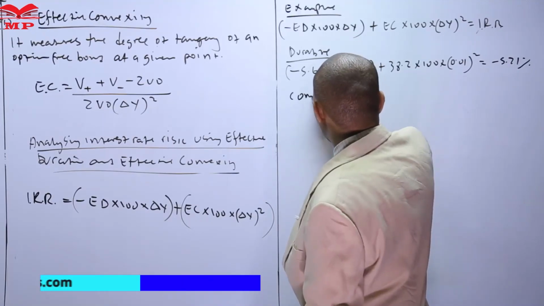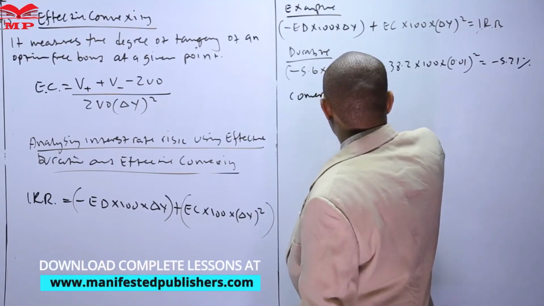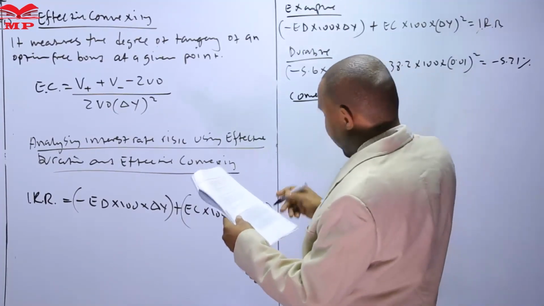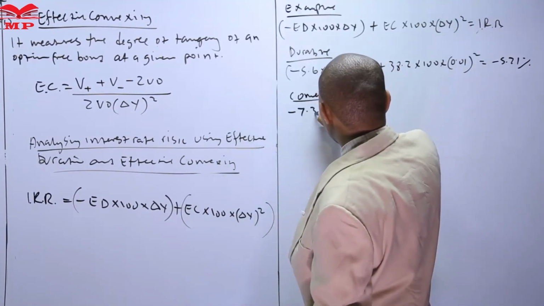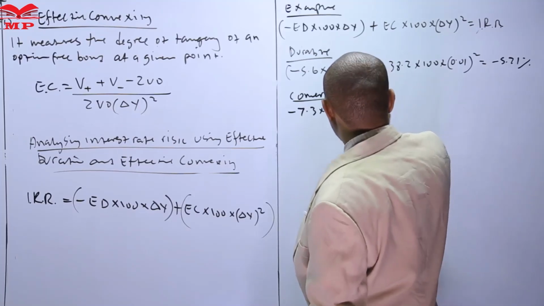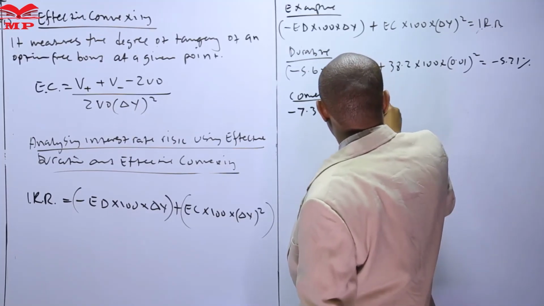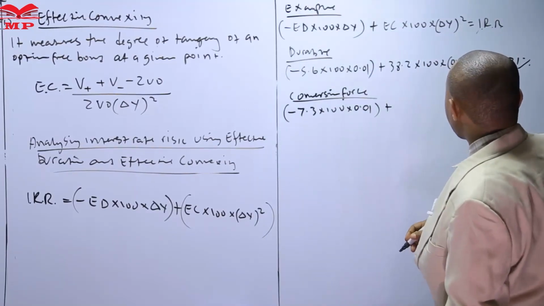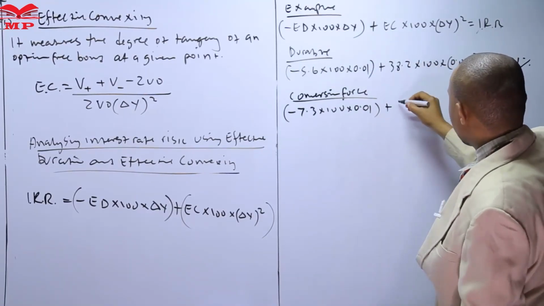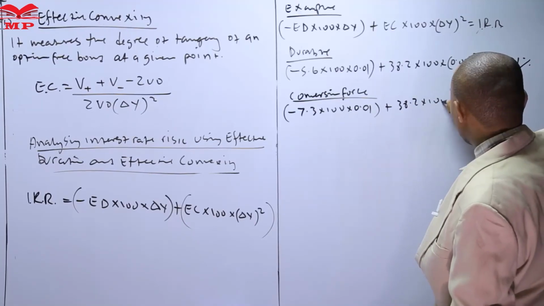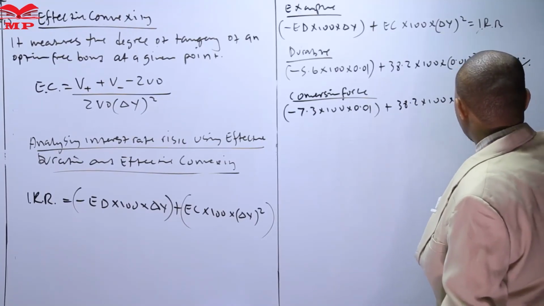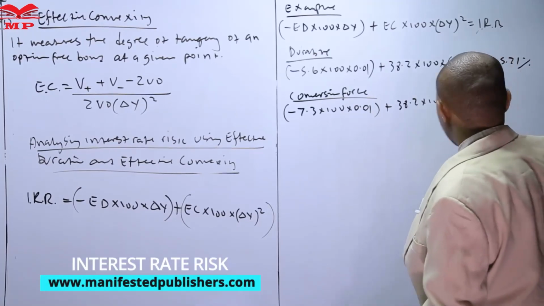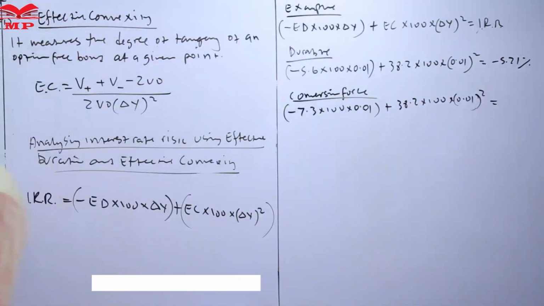Conversion force. So we have the effective duration as 7.3: minus 7.3 times 100 times change in yield 0.01, plus the effective convexity, which is the same, 38.2 times 100 times 0.01 squared. So how much do we get there?